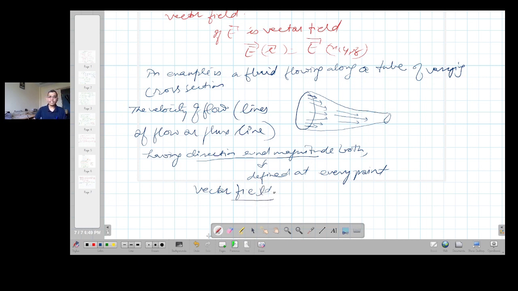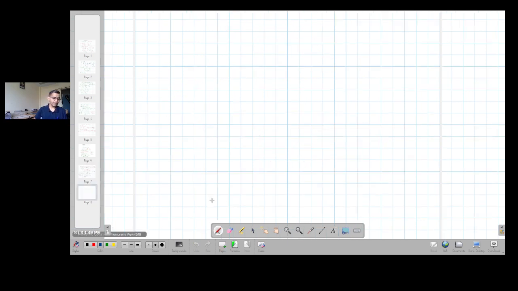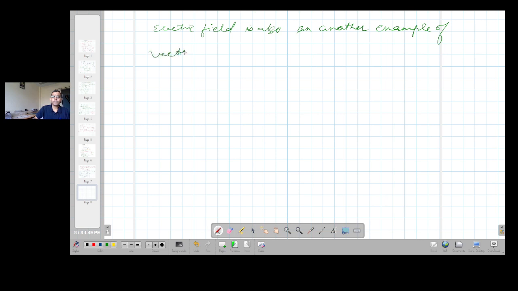Electric field is also another example of a vector field.